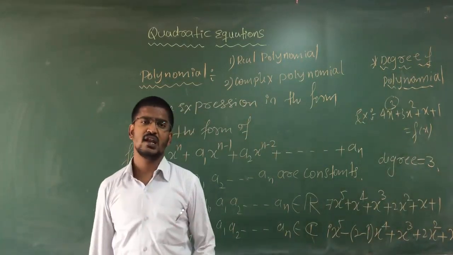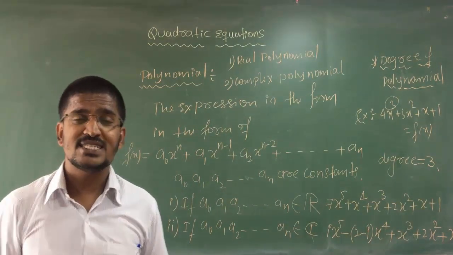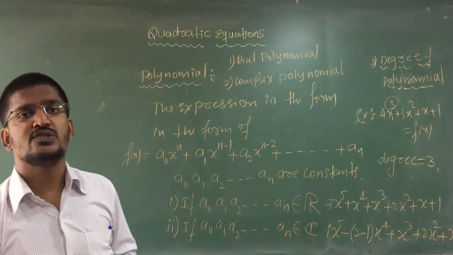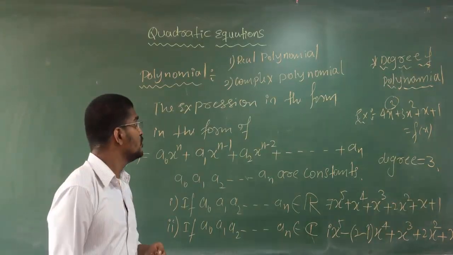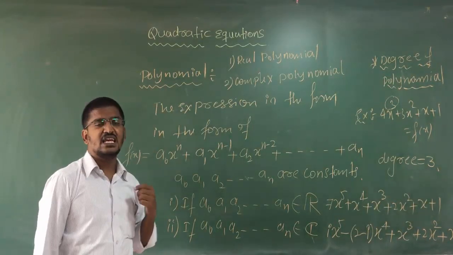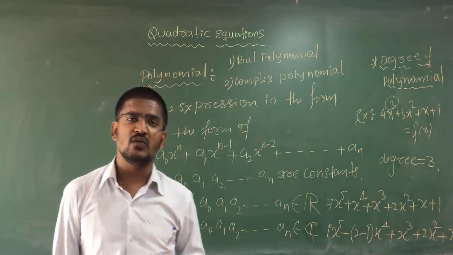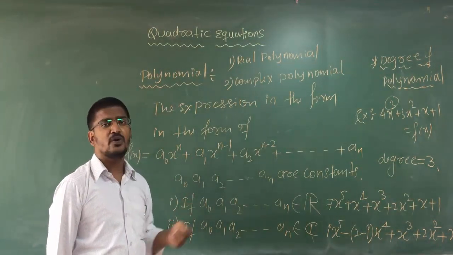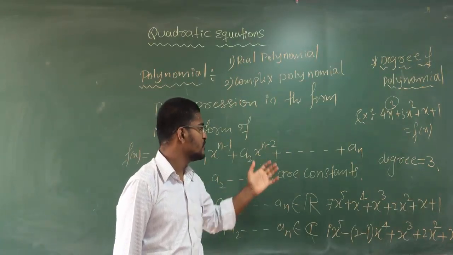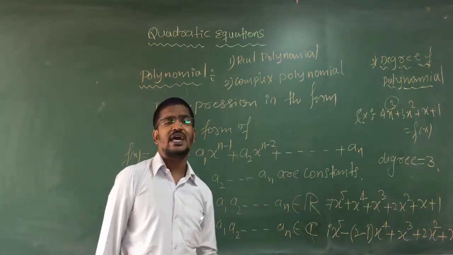So my dear students, before going to quadratic equations, please note that a polynomial is of the form f of x equal to a0 x to the power of n plus a1 x to the power of n minus 1 plus a2 x to the power of n minus 2 plus so on to an.